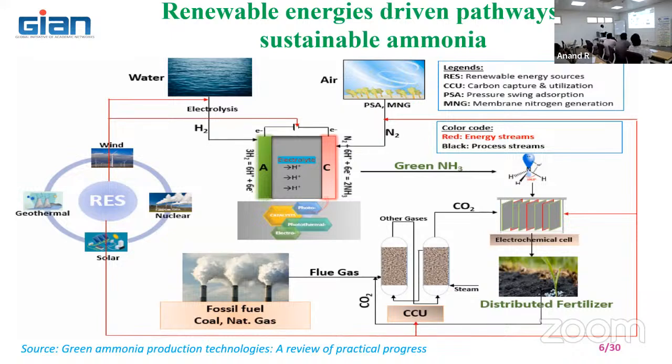So the green ammonia can be used either as a fuel, or we can dissociate it into hydrogen and then use it for some application, or we can use this ammonia for producing fertilizer. Okay. And also we can produce the ammonia through the conventional route using a carbon capturing system. You are able to produce it. But our aim nowadays is to eliminate this system completely and go for this kind of system.